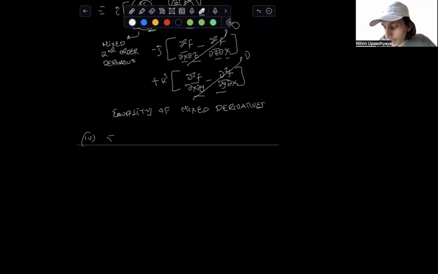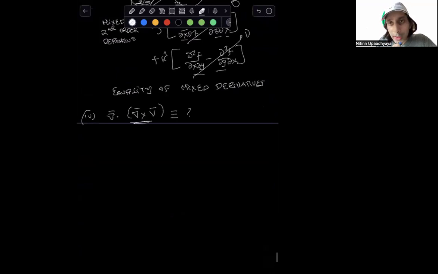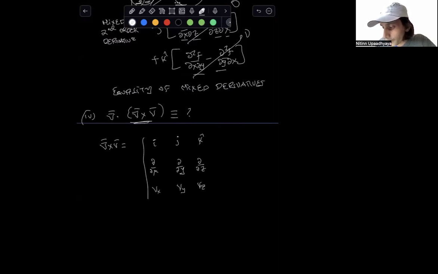So now we need to evaluate the divergence of a curl. Let's first evaluate the curl of a vector, and then we'll take the divergence. So let's evaluate del cross V. I'll write down i, j, k, ∂/∂x, ∂/∂y, ∂/∂z, and then let's say that the 3 components of V are Vx, Vy, Vz.